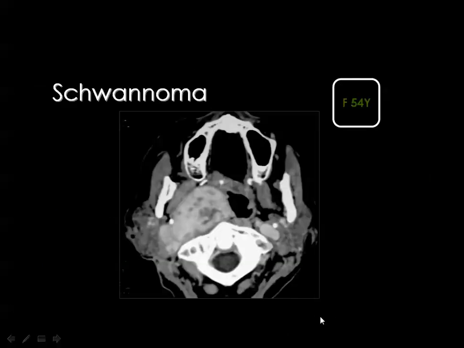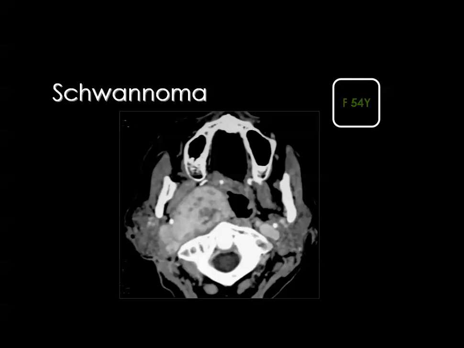And this is a good example of a schwannoma from the retrostyloid space. This is the styloid process, and if you compare it to the opposite side, then you can see that it has been displaced anteriorly. The mass is located posterior to the styloid, posterior to the fat, and it is considered one of three, either to be a lymph node, or to be a glomus tumor, or to be a neurofibroma or schwannoma.